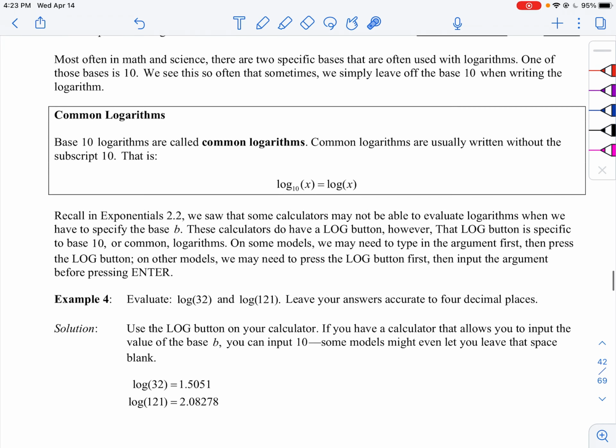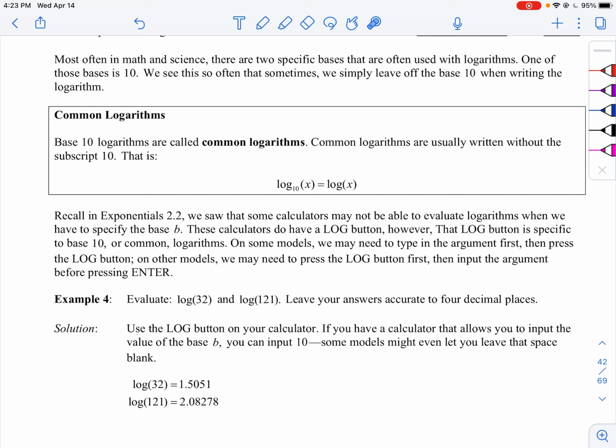Most often in math and science, there are two specific bases that are often used with log. One of those bases is 10. We see this so often that sometimes we simply leave off the base 10 when writing logs. So base 10, we call that common log or common logarithms.